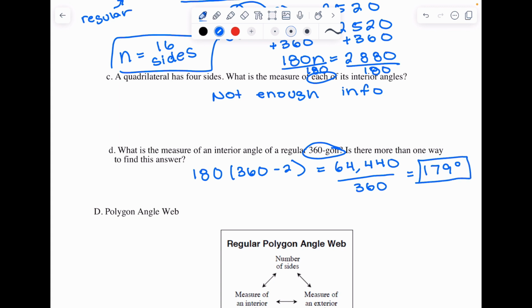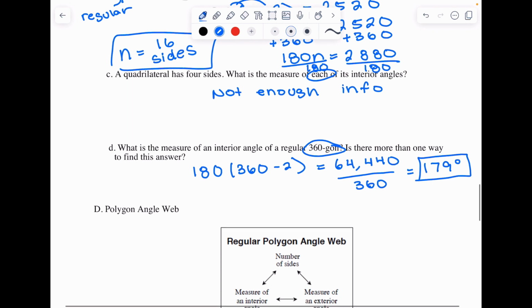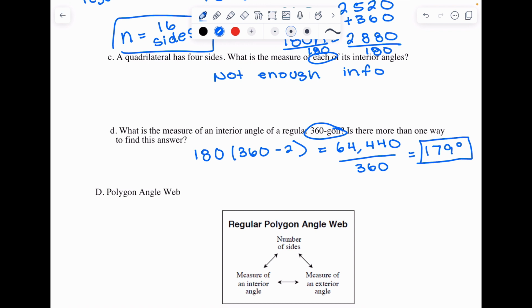Now the question asked, is there more than one way to find this answer? And the answer is yes. We did this by using the interior angle sum formula, but we also know that if this polygon has 360 sides and we divide 360 by 360, each exterior angle will be 1 degree.